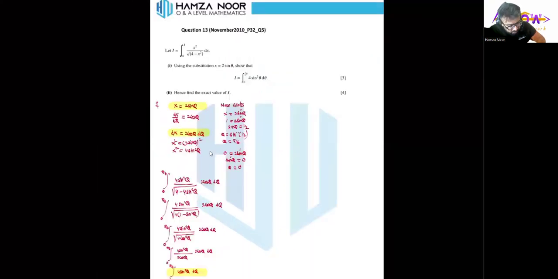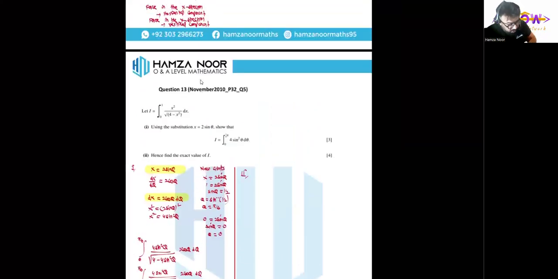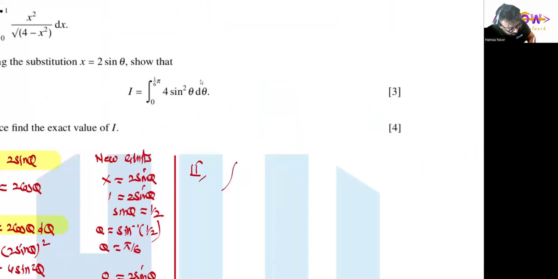I'm going to make a separator over here. So for part 2, we need to find the exact value of this integral. We need to integrate 4 sine square theta with respect to theta, with upper limit pi over 6 and lower limit 0. In order to integrate this expression, we need to use trigonometric identities.